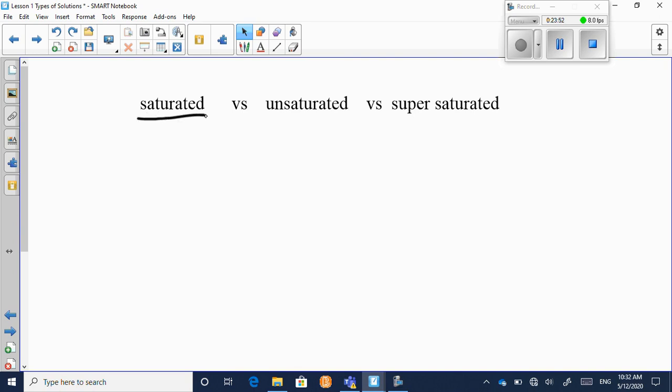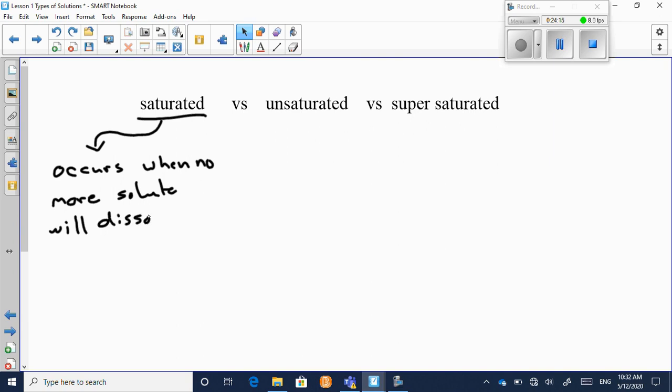Something that is saturated occurs when no more solute will dissolve, and excess solute is present.